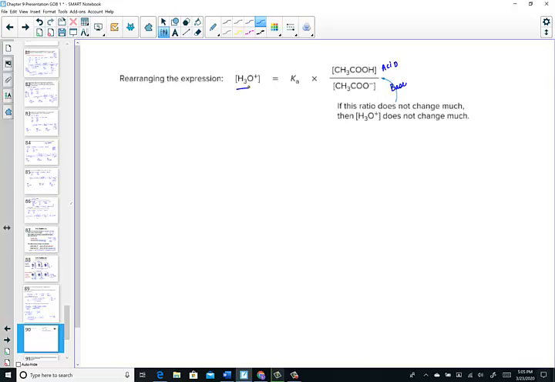Here was our hydronium. Here's the Ka, right? So if this ratio doesn't change much, the acid and the base concentrations, you can see how the pH, which is this guy here, right? If I can hold this concentration relatively constant, we're going to see that the pH remains constant.